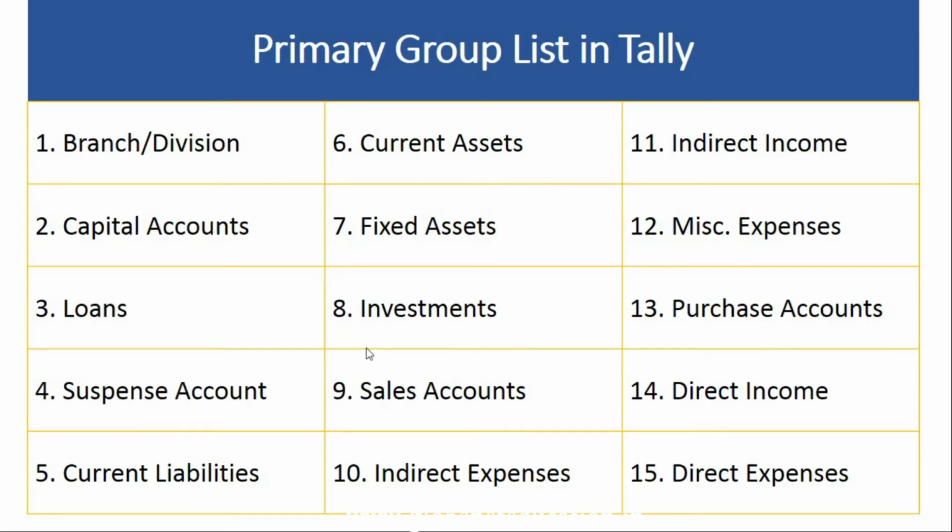This is the primary group list in Tally, which includes capital accounts, loans, suspense account, current liabilities, then direct and indirect expenses, sales account, direct income, then we have indirect income, fixed assets, branch, etc. There are by default 28 groups in Tally.